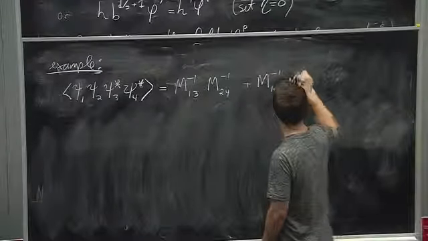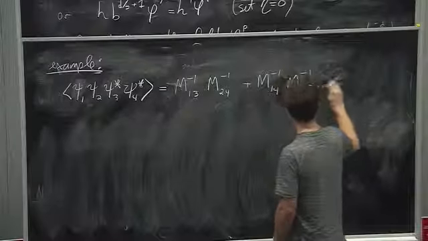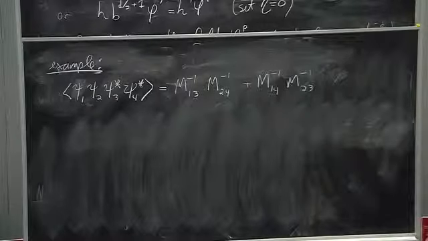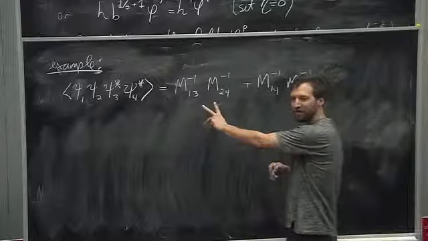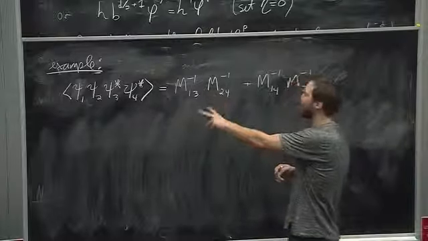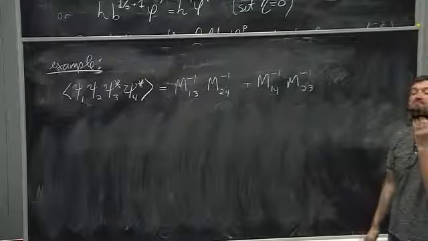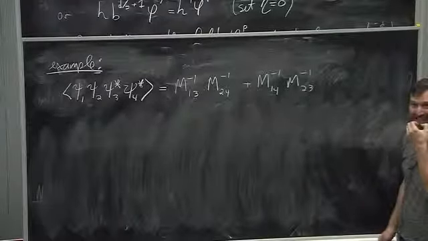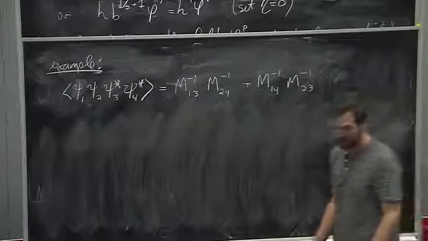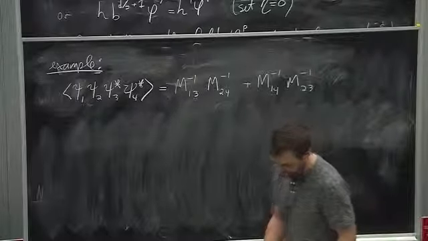So it takes a 4-point function and makes it the product of two 2-point functions in 2 different ways. And that's the sum over P. So that's what we're going to do.